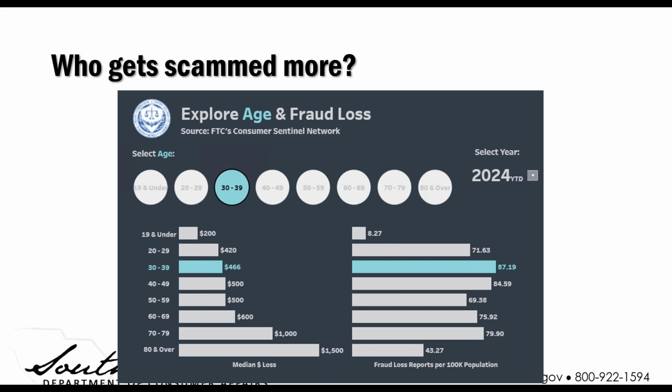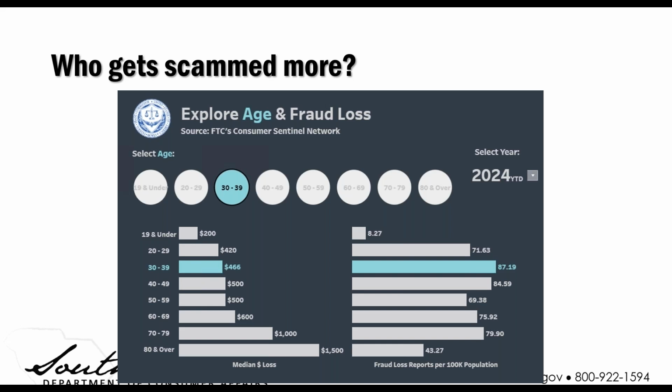If you look at that little graph there, people in their 30s are actually getting scammed the most, according to these losses per 100,000 population. So people in their 30s are the most often victims of these types of scams. But you also realize, looking at it, that as you get older, those victims are losing more money.